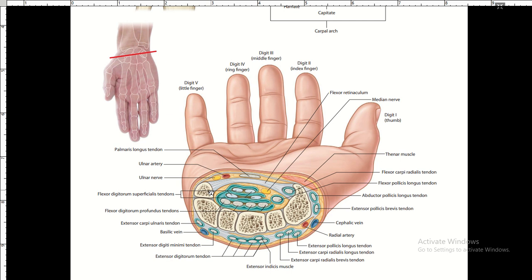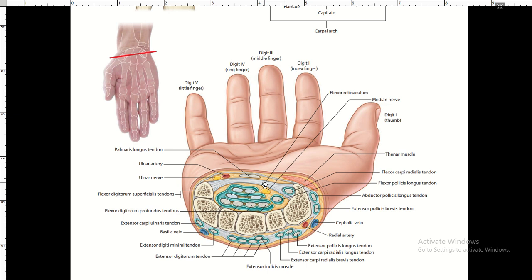So the flexor retinaculum medially is going to be attached to the pisiform and the hook of hamate. Laterally it is going to be attached to the trapezium. Remember, the trapezium is a bone that will articulate with the first metacarpal of your thumb.